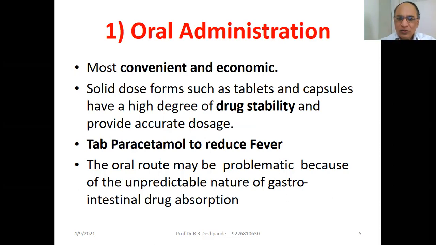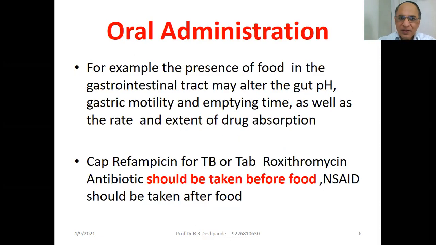The oral route may sometimes be problematic because of the unpredictable nature of gastrointestinal drug absorption, because the drug has to go first to the stomach, then duodenum, jejunum, ileum. If there are any problems in your digestive system, that can affect oral administration, absorption, and bioavailability.